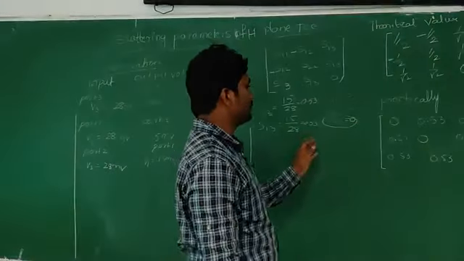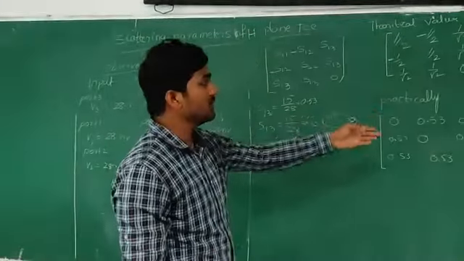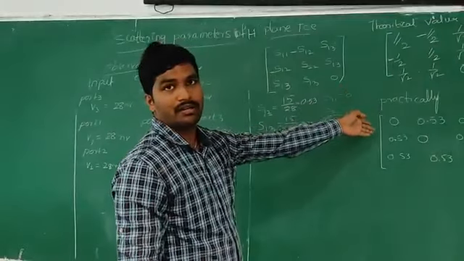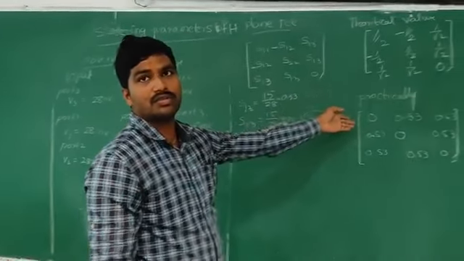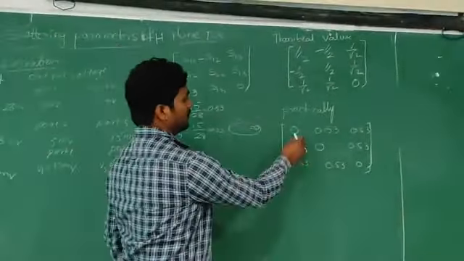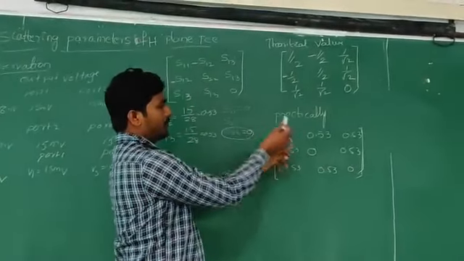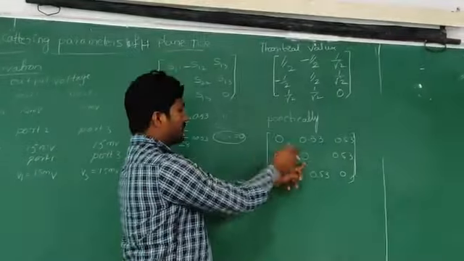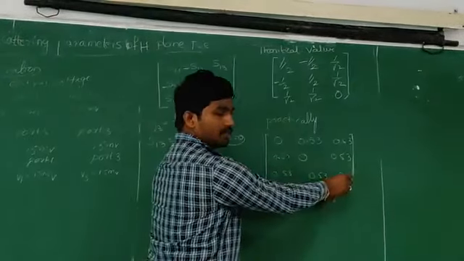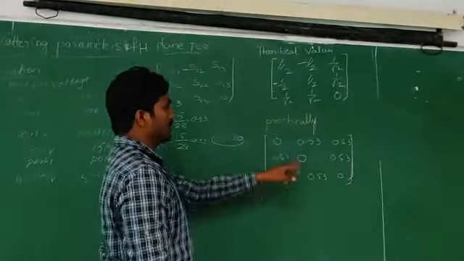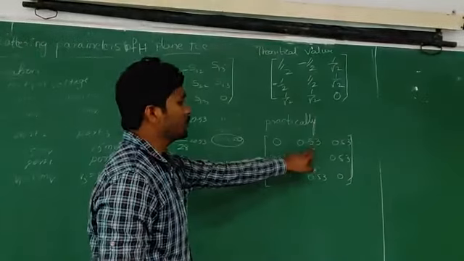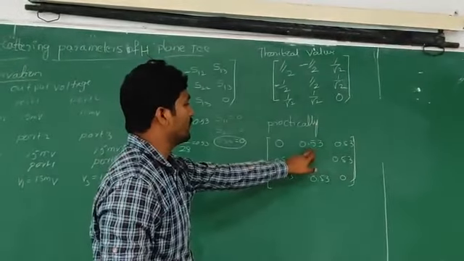Now we are going to substitute the values in the S parameter matrix after we reduce it. Instead of S11 we write 0, instead of S22 we write 0, and instead of S33 we write 0. S12 is equal to 0.53.